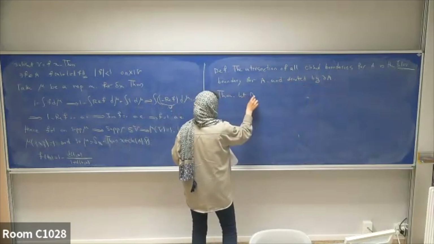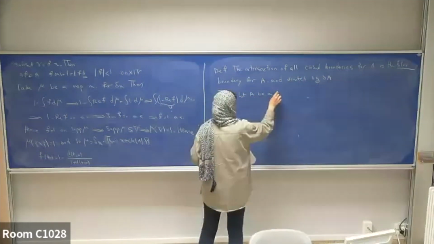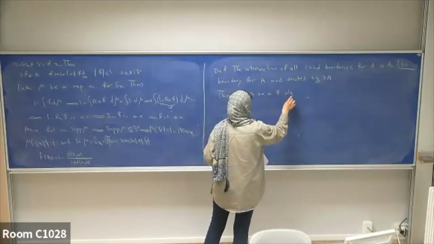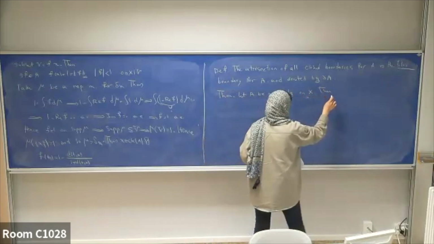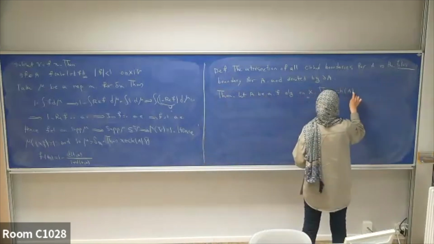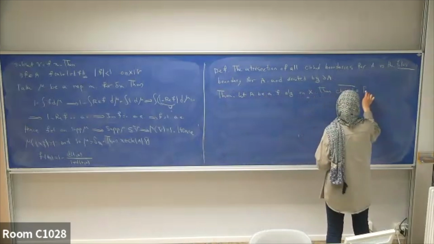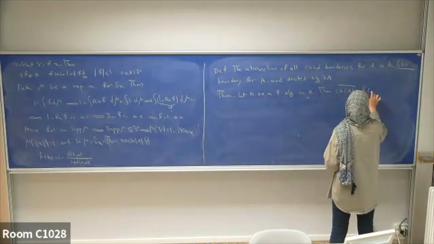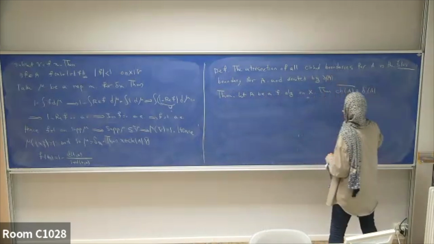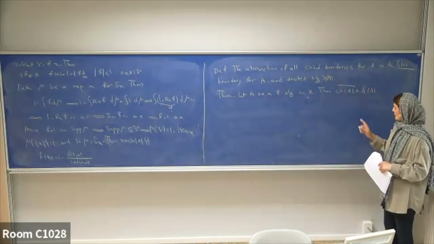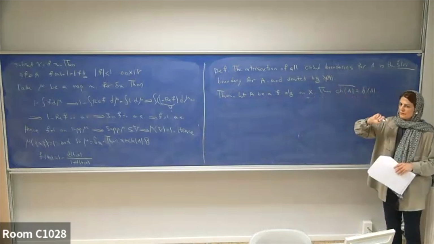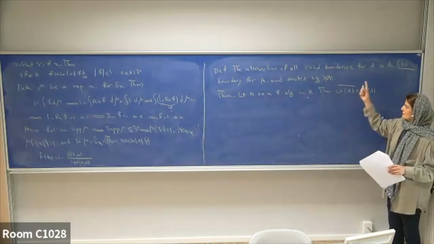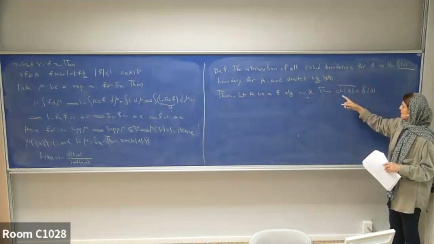Let A be a function algebra on X, then the closure of the Choquet boundary of A is the Shilov boundary of A. So it exists and it's the minimal closed boundary. It's the smallest closed boundary because it's the intersection of closed boundaries.